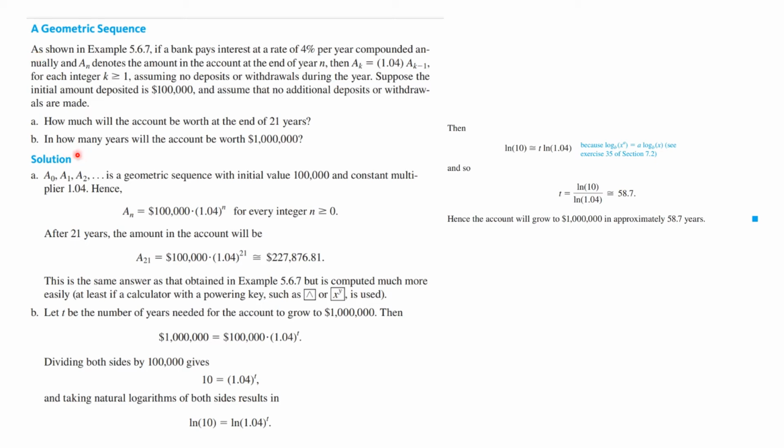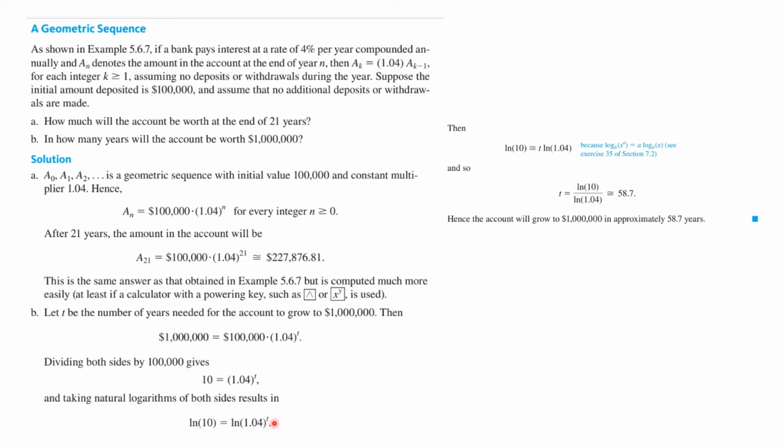To answer the second question, how many years will it take to be worth $1 million? Well, the other side is going to be $1 million. It's 100,000 times 1.04 to the t, where the variable is t. Now you divide both sides by 100,000, you get this, and then you take natural logarithms of both sides. So this is the natural logarithm of 10, and the natural logarithm of 1.04 to the tth power.